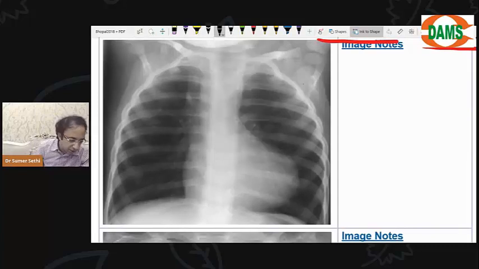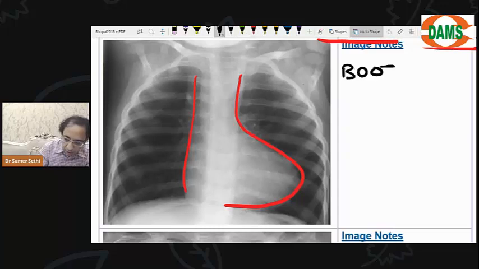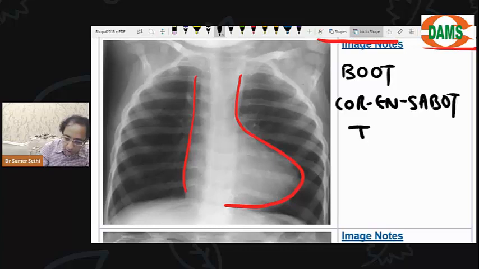Please look at these x-rays with me. This is a very common x-ray asked in the exam. Okay, now if you notice, can you see this is a heart which is shaped like this? What is this? This is a boot, also called as cor en sabot, seen in tetralogy of Fallot.